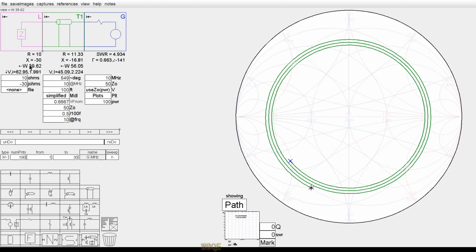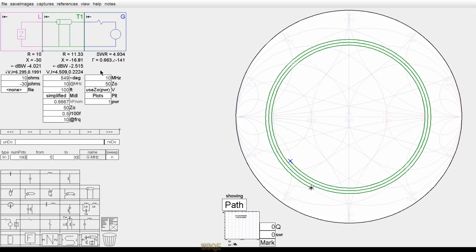Maybe it makes more sense if I turn these into dB. So 100 watts, maybe it makes more sense to turn it into dB and go back to 1 watt. Okay, I have 1 watt, which is 0 dBW. I have minus 2.5 dB going into the transmission line.